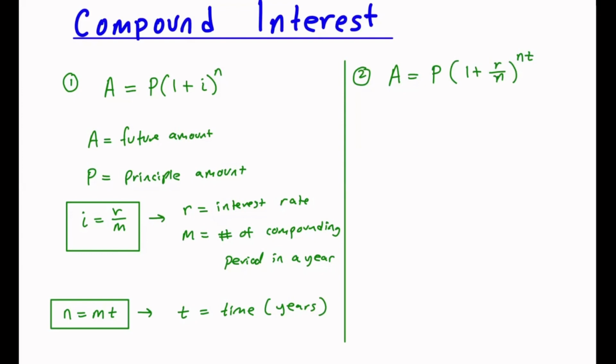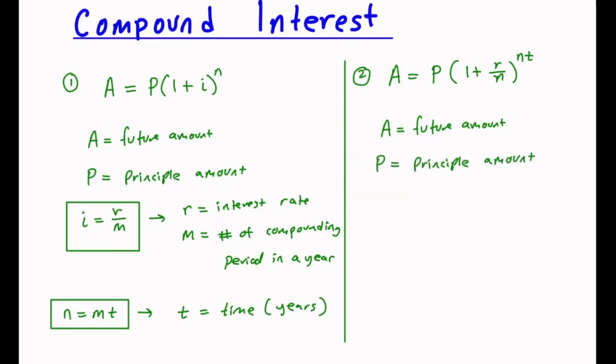A is the same as this future value, so nothing changes for A from the first formula to the second formula. P is the same thing. That's your principal amount or the present value or the loan amount if you're discussing a loan. So we just copy them over.